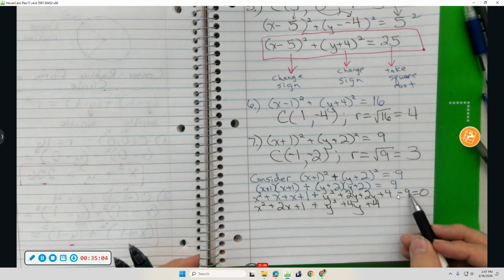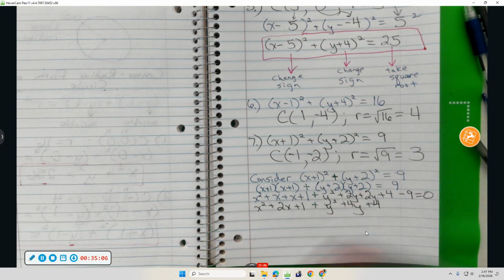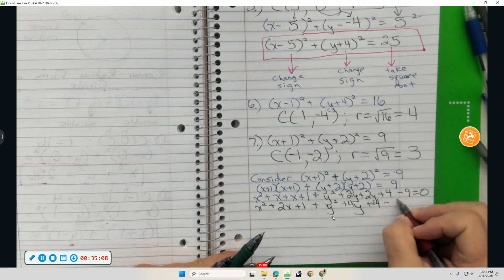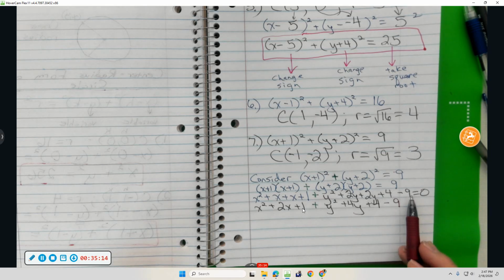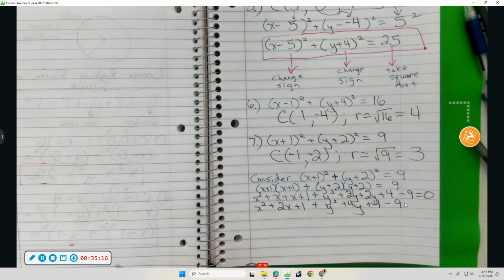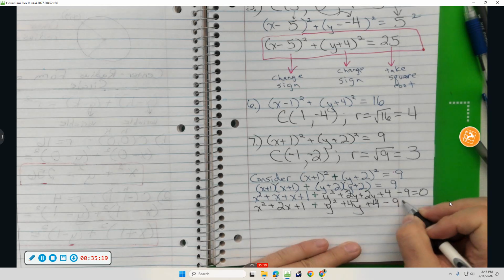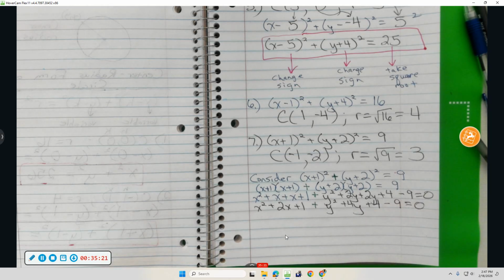And we still have that minus 9 stuck on there. Y'all are wanting to combine the 1, 4, and negative 9. We'll do that in the next step. I do have a reason for doing this.